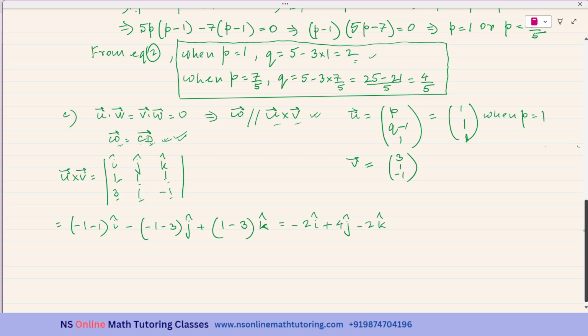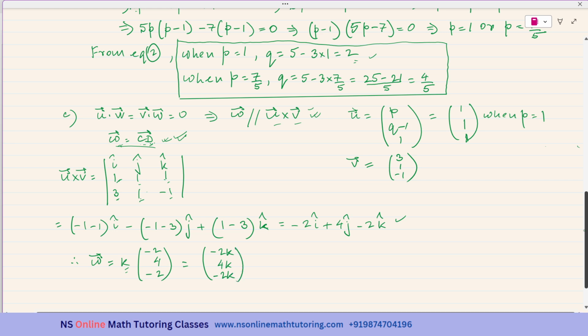Therefore, W vector should be equal to some scalar multiple of this vector. So let me take this as k times minus 2, 4 and minus 2. Now you see I am having only a single variable, but if I had taken W equal to CD, then I would have got 3 variables x, y and z. Of course you can solve, but I feel that it will be taking some more time. That is why I prefer this method. So this can be written as minus 2k, 4k and minus 2k.